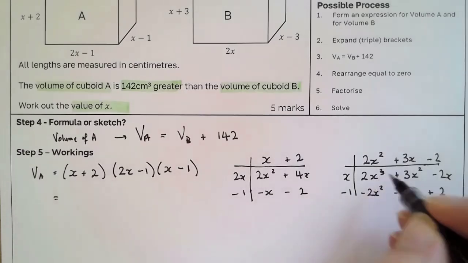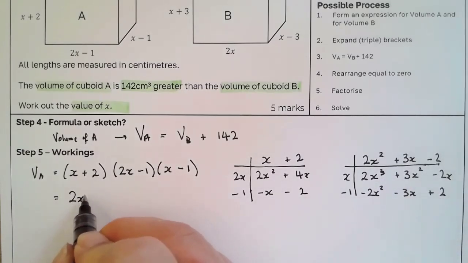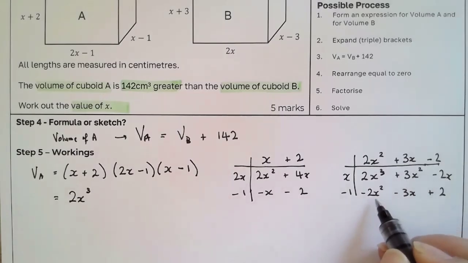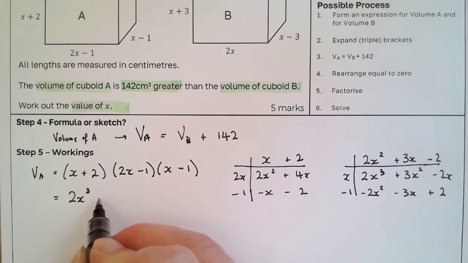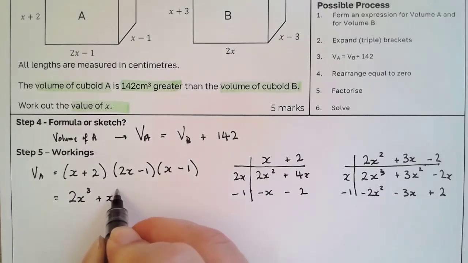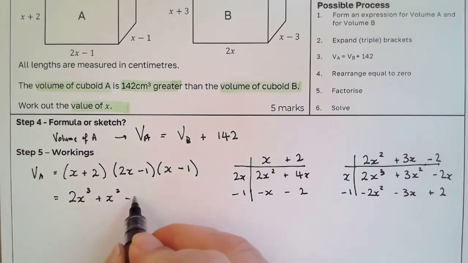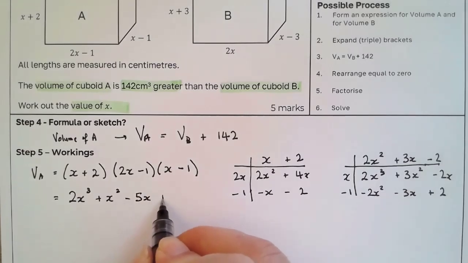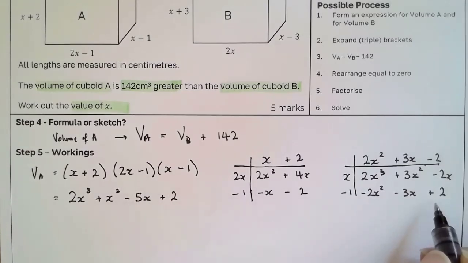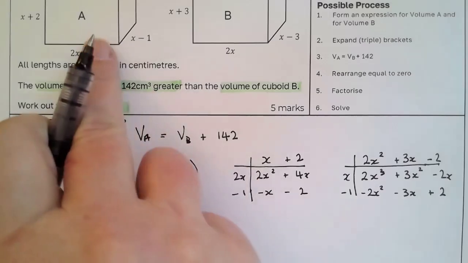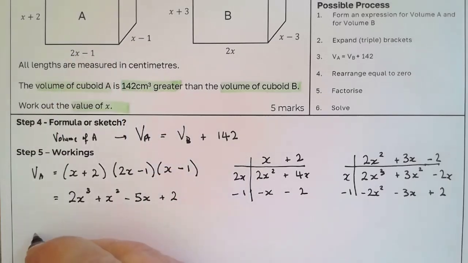Oh, that should be cubed. 2x cubed. Then 3x squared subtract 2x squared is just x squared. And then negative 2x subtract 3x is negative 5x. Then we've got the 2 on the end. So that is the volume of A, the volume of this shape here.